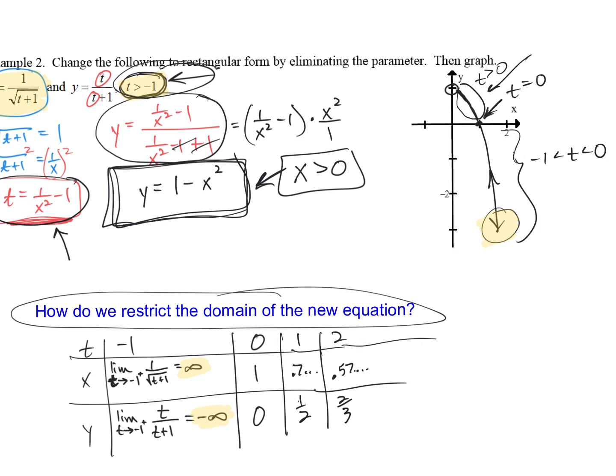And then if you go out to infinity, you're basically doing the limit as t goes to infinity of 1 over square root of t plus 1. Well, what does that go to? If you put huge, huge numbers in the denominator, where's this going? Yeah, 0.